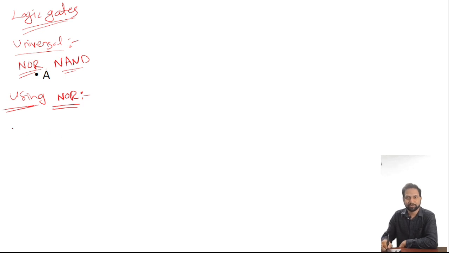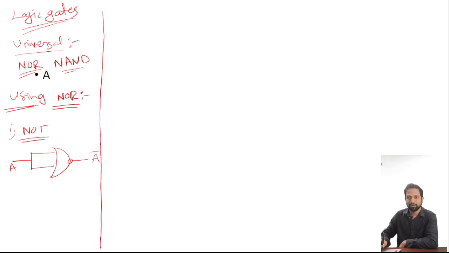Case 1, NOT gate. Just consider a NOR gate this way and couple the inputs. This is A, and the output is going to be A bar. This is the NOT gate. The next easiest one using NOR gate is the OR gate.